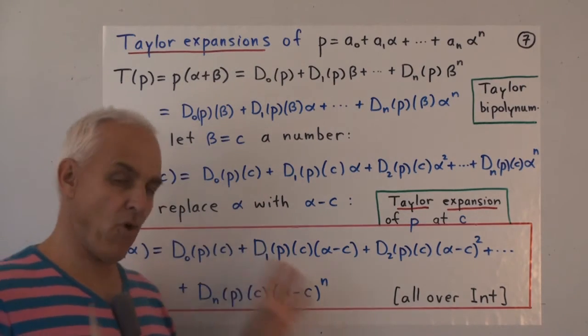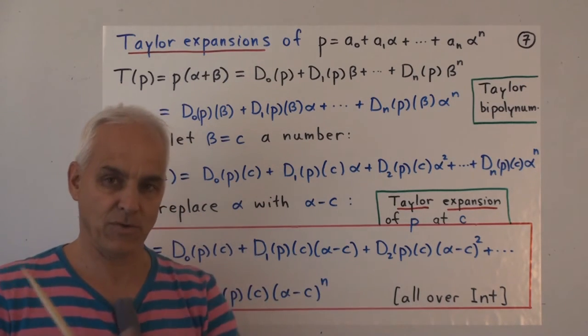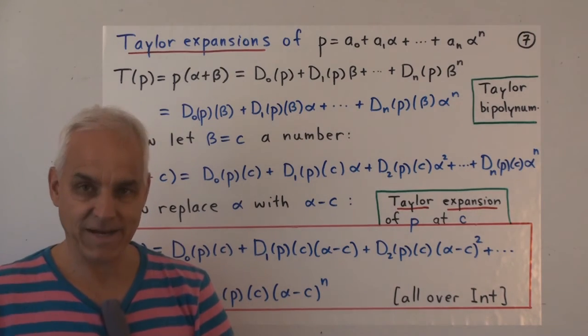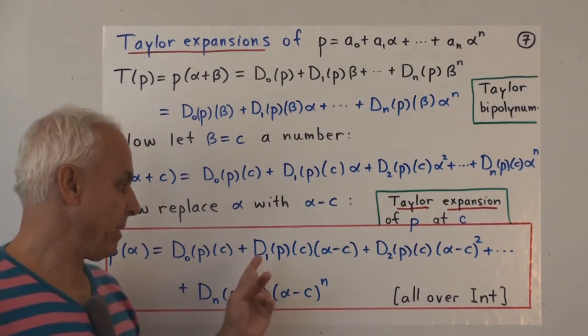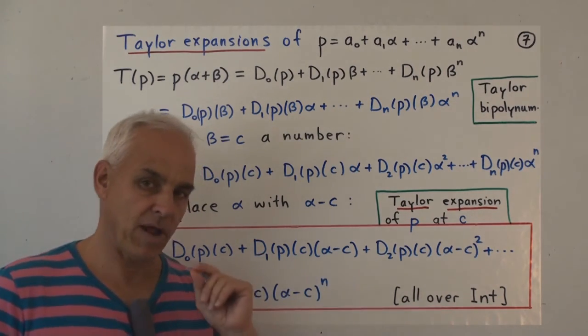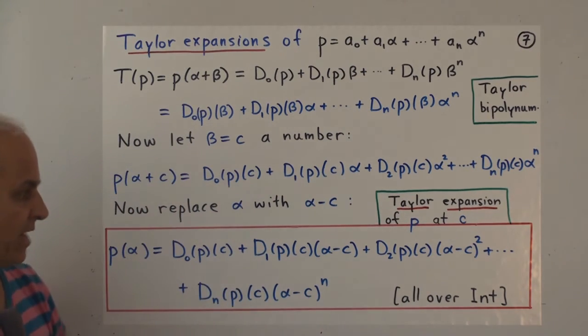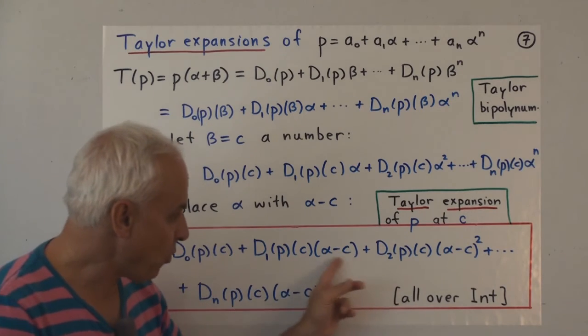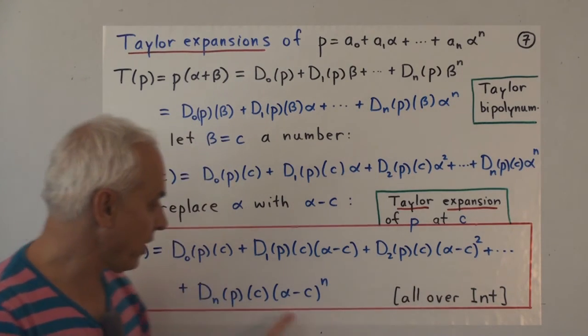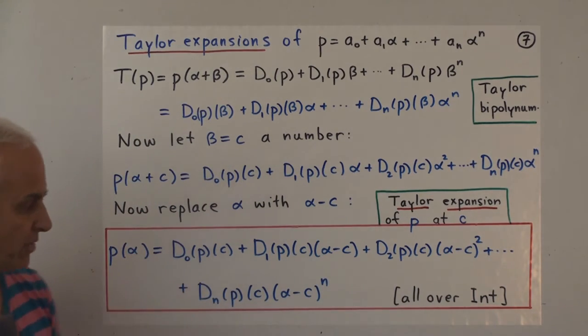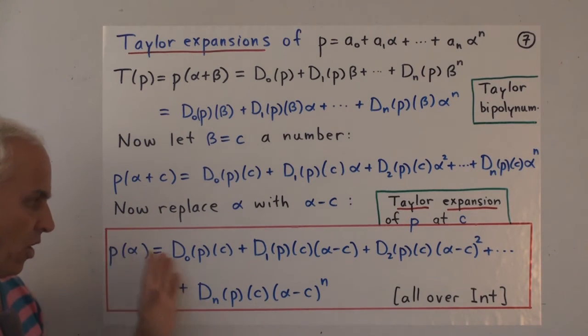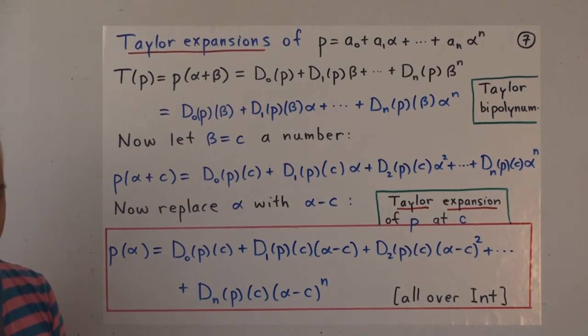It's really the same formula as the Taylor expansion that you're used to, but it's written differently because these are subderivatives rather than powers of the derivative. As a result, there's no 1 factorial, 2 factorial, n factorial in the denominators here. This is all over the integers.